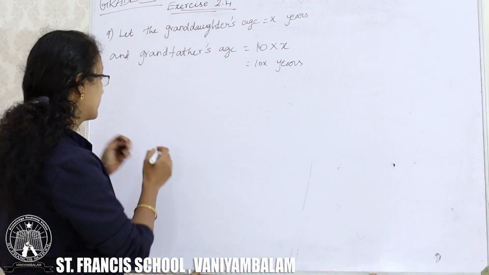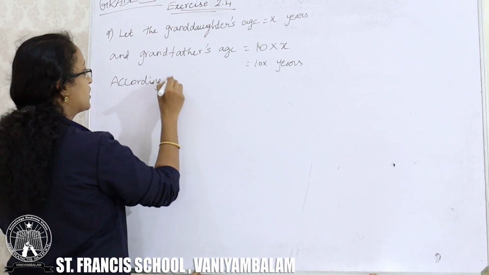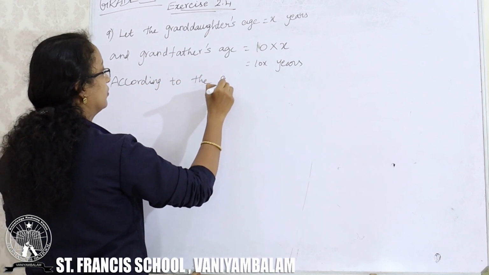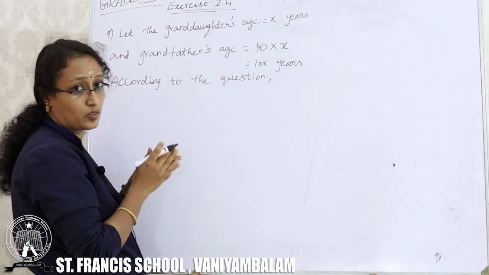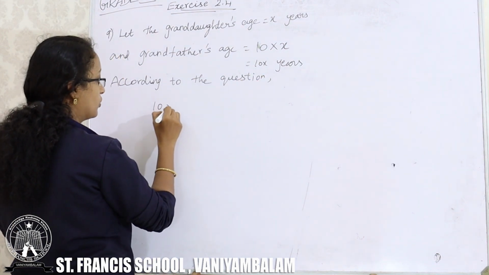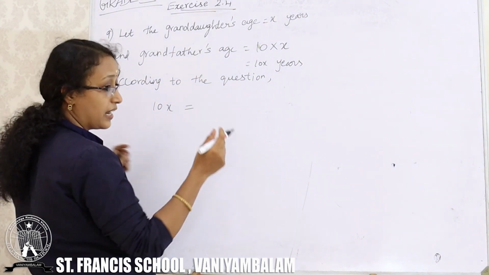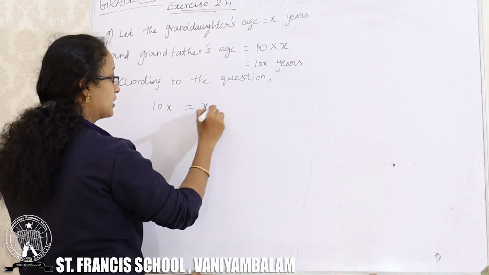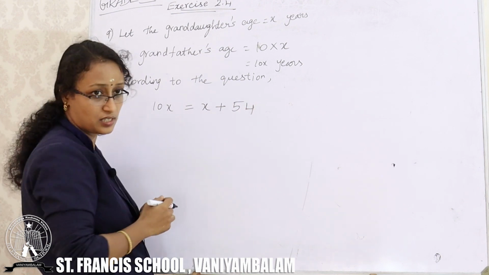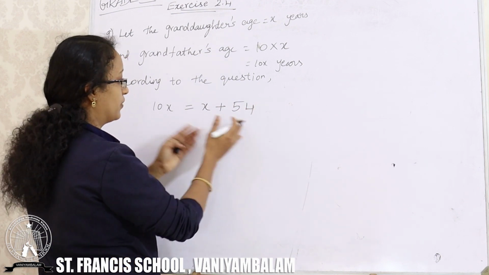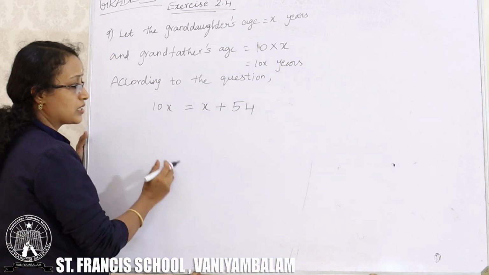So, according to the question, his age is 10x and the granddaughter's age is x plus 54. Now you can solve this, right?